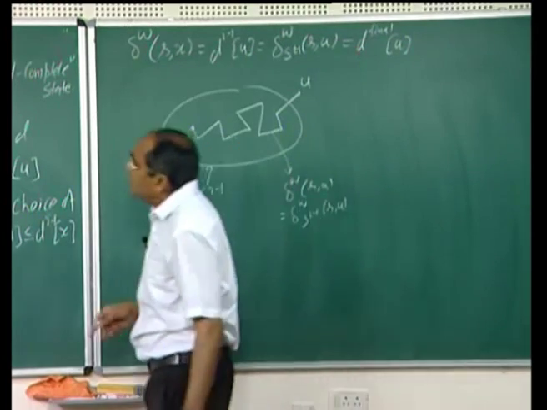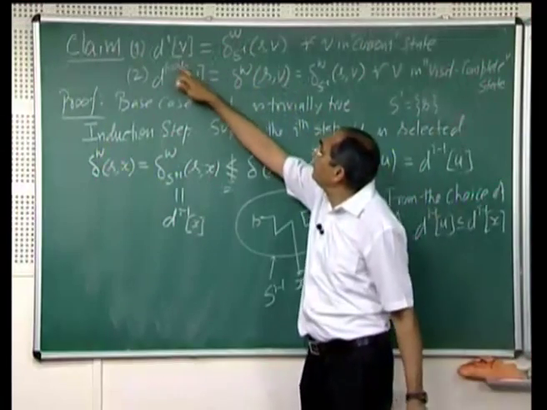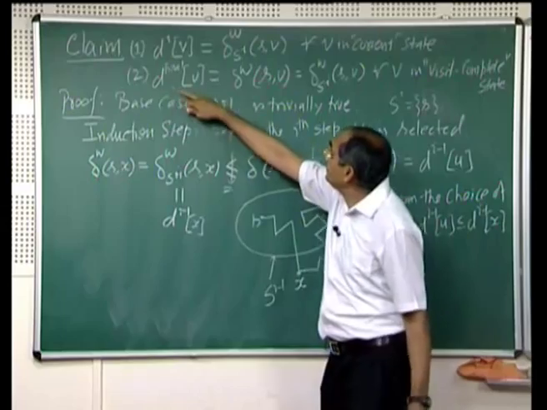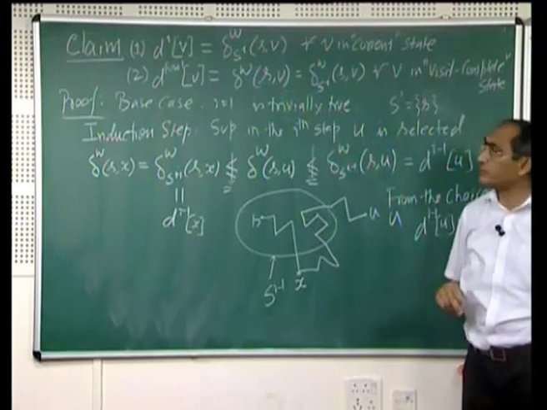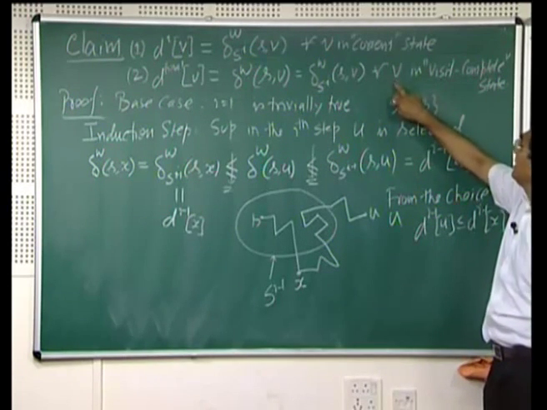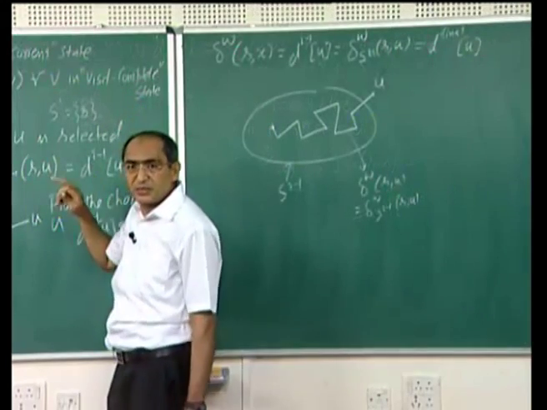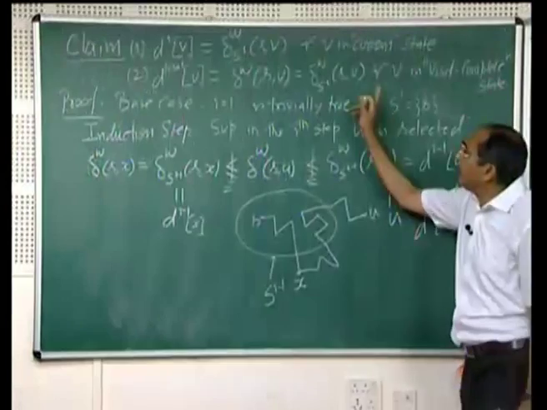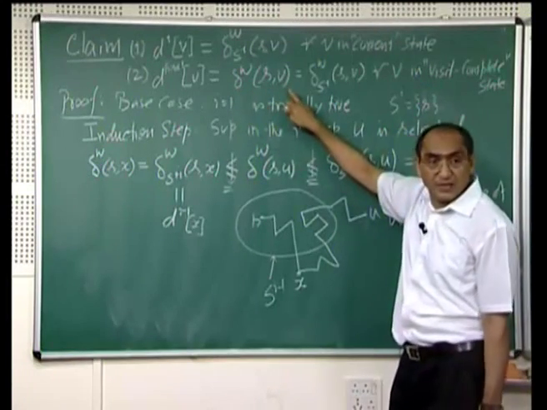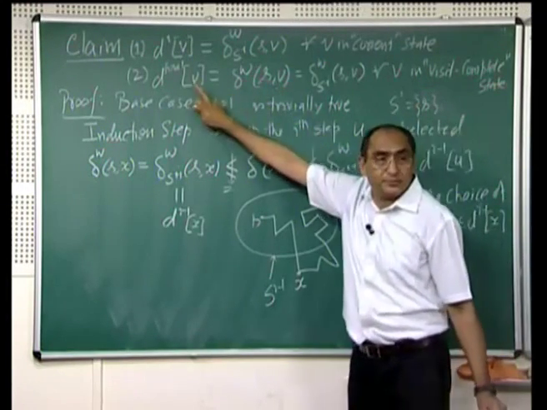So, let us come back to this and look at the second claim. What we wanted to say is that for all vertices with visit complete state, which means those which are in S, their optimum value is their d value.